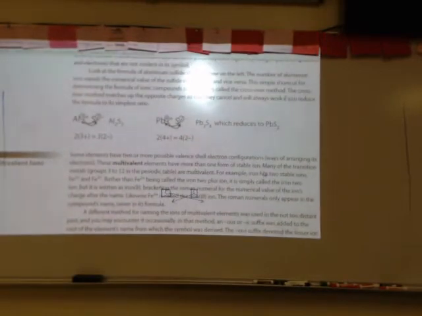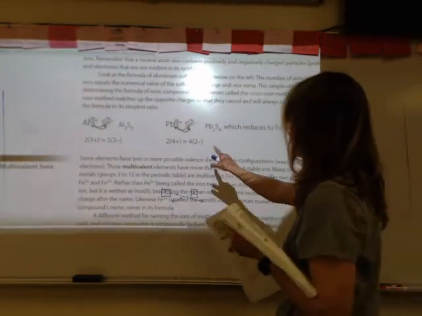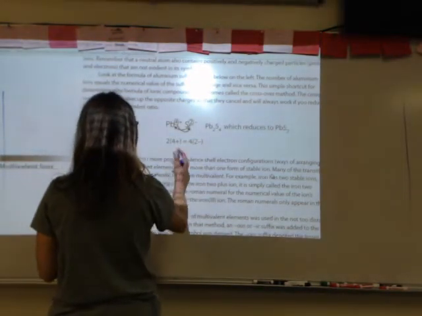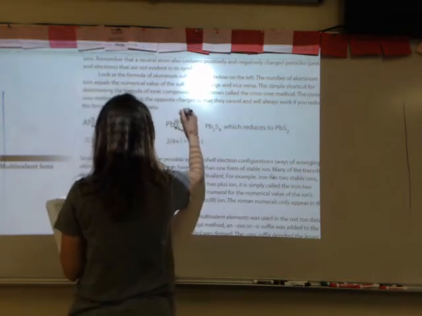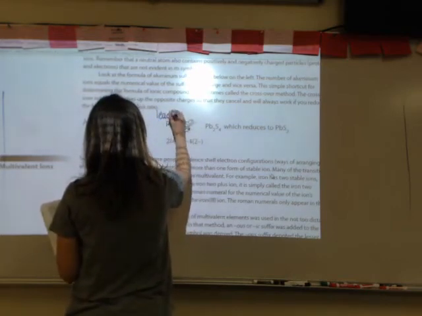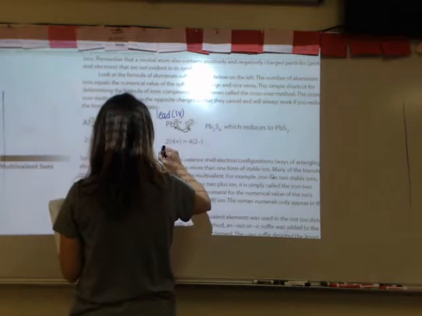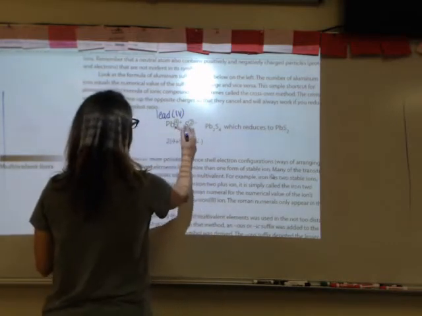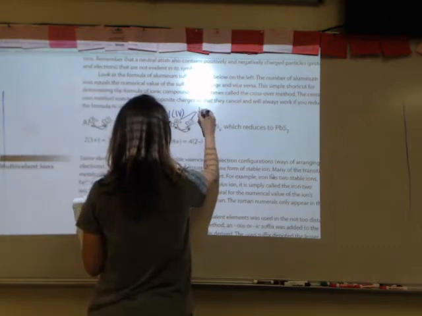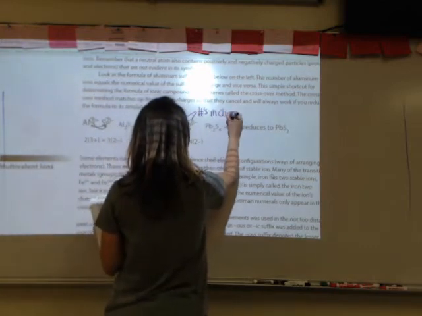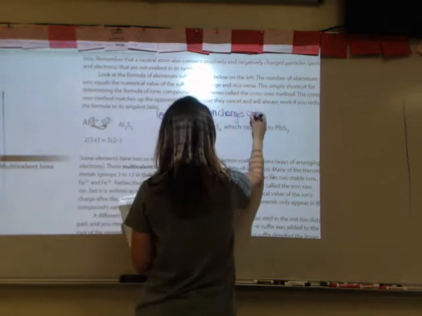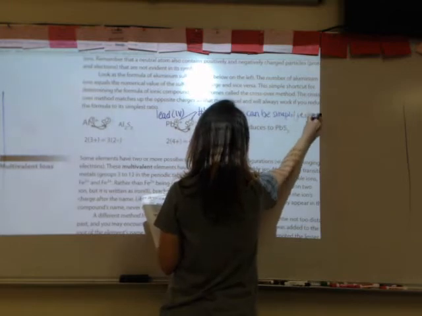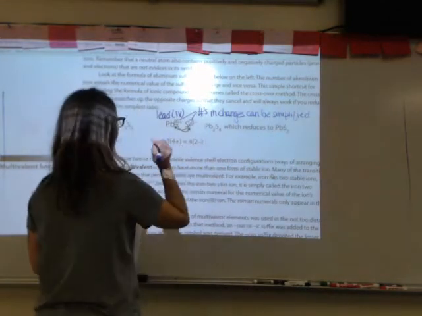Now, let's take a look at this compound here. We have a Pb+4 and an S-2. So this is technically a lead Roman numeral 4 ion and a sulfide ion. Now, when the numbers in the charges can be simplified, meaning divisible by the same thing, then you need to simplify them.